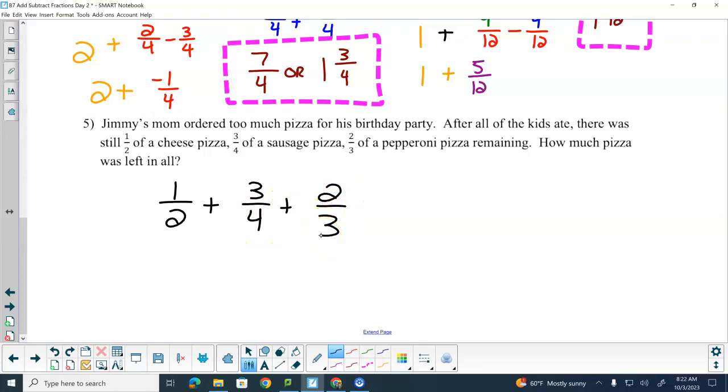You have to write that out before you can start. Now, from here, you can work your steps. So please, at this time, add 1/2 plus 3/4 plus 2/3.